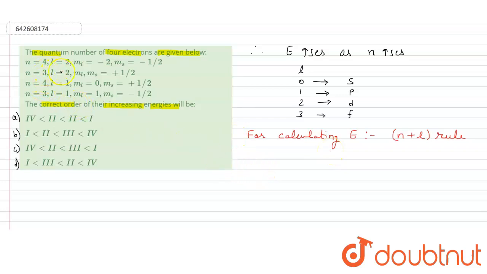The question says n is equal to 4. If I'm talking about the first part, n is equal to 4 and L is equal to 2.